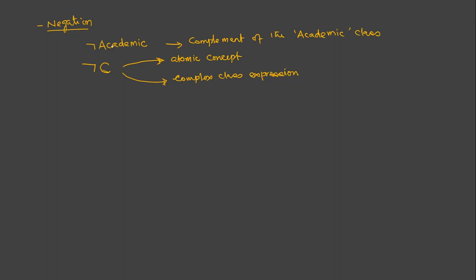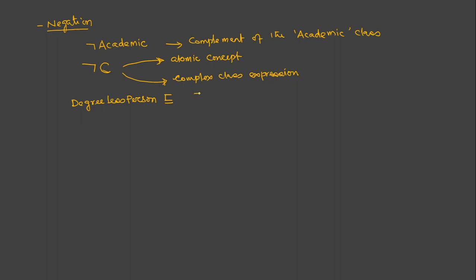So for example, let us try to represent something called a degree-less person. We are trying to define something called degree-less person, so we can make it a subclass of something. First of all, I need to represent a person who has at least one degree, right?